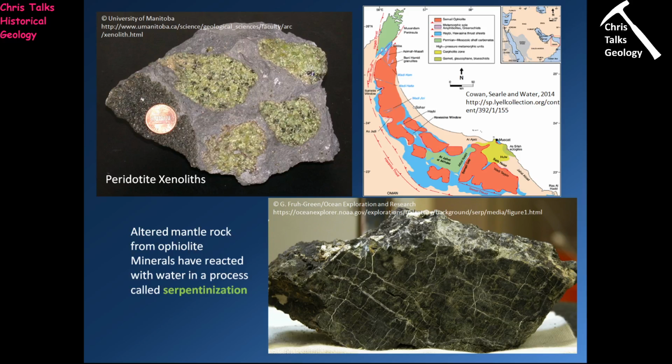The problem is that mantle rocks don't do particularly well when they're exposed to the atmosphere. Mantle rocks don't mix well with water. And so what will happen is your mantle rocks will very quickly be weathered, and they will very quickly begin to break down.